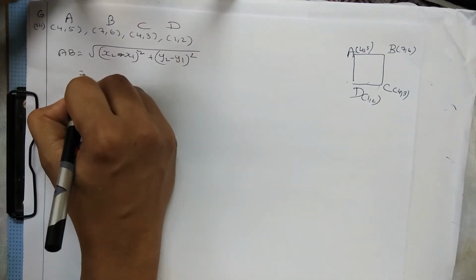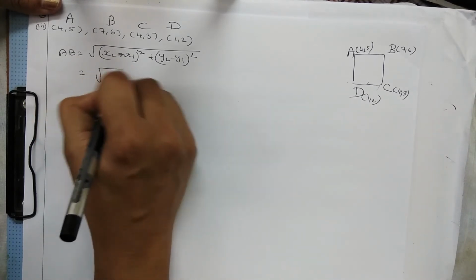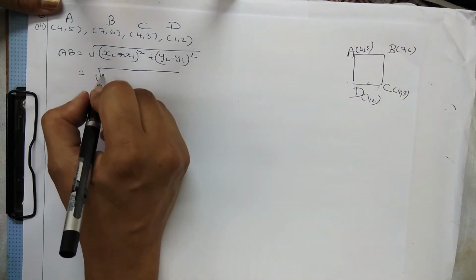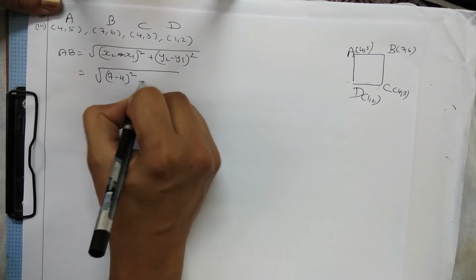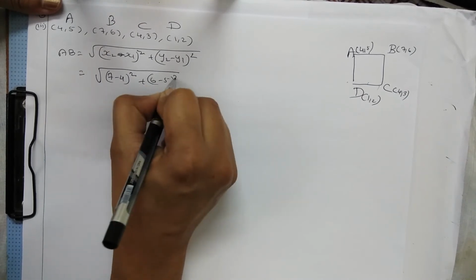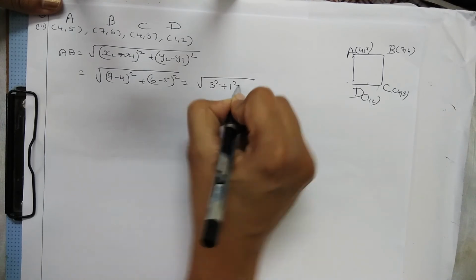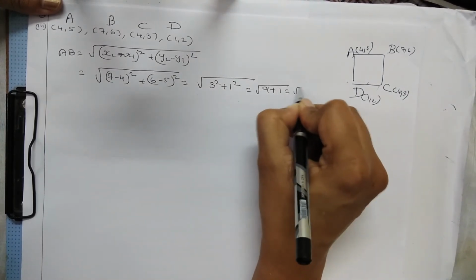So AB, how will you find out? AB is equal to root of, A is x1 y1 and B is x2 y2. So here 7 minus 4 the whole square plus 6 minus 5 the whole square, that is equal to root of 3 square plus 1 square, that is 9 plus 1, it is root 10.